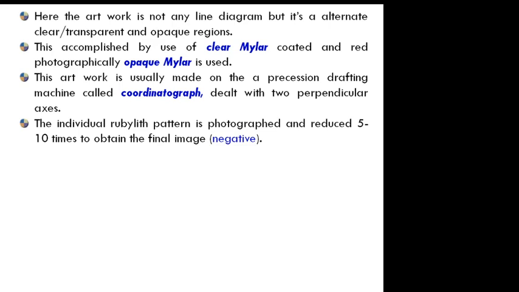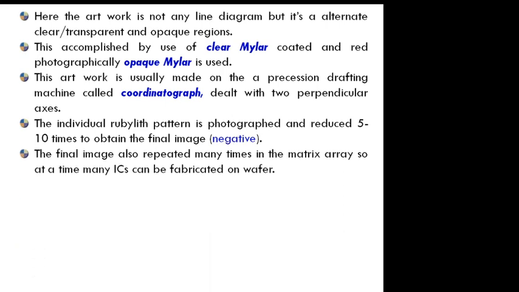The individual ruby lith pattern is photographed and reduced 5 to 10 times. अब ये जो हमने पैटर्न बनाई है इन लार्ज रीजन में, उसको फिर से फोटोग्राफिक टेक्निक यूज़ करके you are going to reduce it, and one has to develop the negative, and this negative will be useful in the next process. The final image is also repeated many times in a matrix array on the IC chip, and therefore many ICs will be developed in the same batch at the same time.